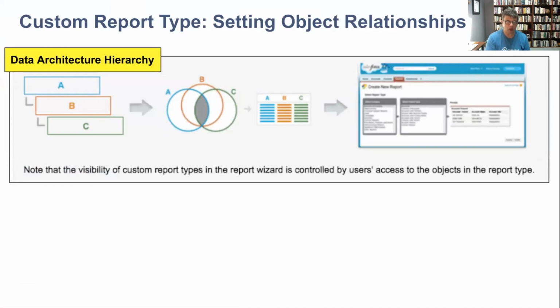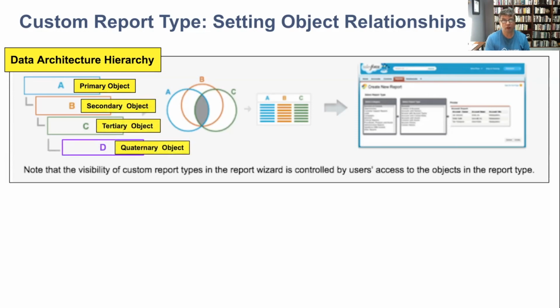So your primary object, the object that you select first, is critical because that is the most important object when you build a custom report type that will limit what the secondary, tertiary, and you can even go down 4 levels to a 4th level object, what those choices are going to be. So we're going to talk about that briefly.